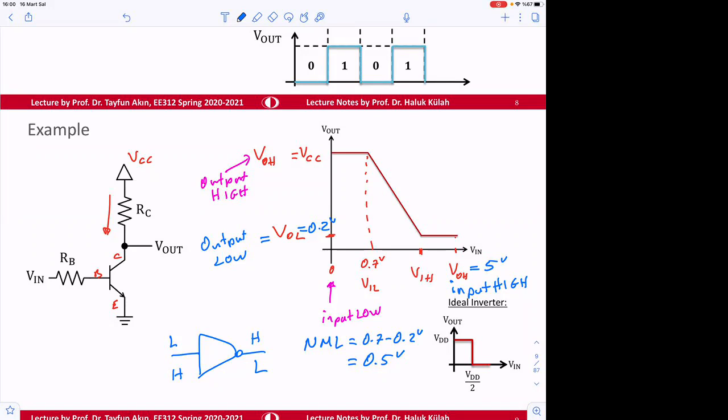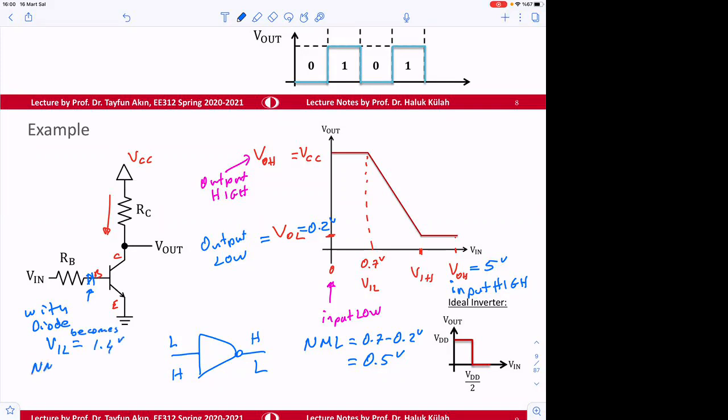So we can do some additional things to the circuit to shift the input low, to get a better noise margin. Maybe we can put here a diode. With an additional diode, the input low becomes 1.4 volts.